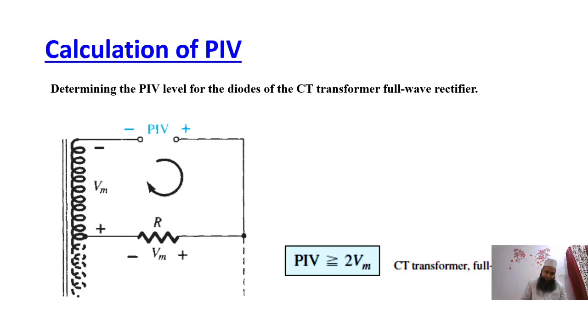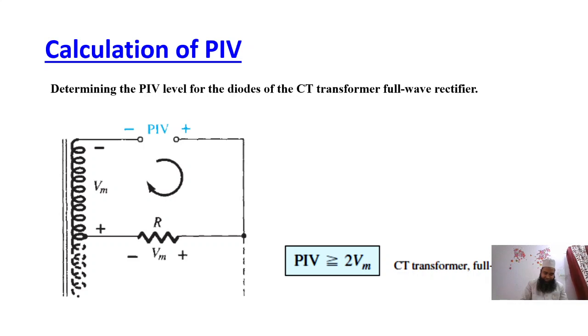When D2 is forward biased, a negative peak will appear across diode D1. This voltage is called the peak inverse voltage. We can calculate it when the diode is reverse biased. A negative voltage Vm is appearing across this, and a voltage of this polarity Vm appears across this.